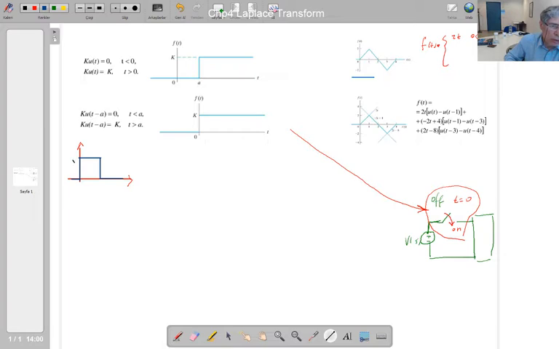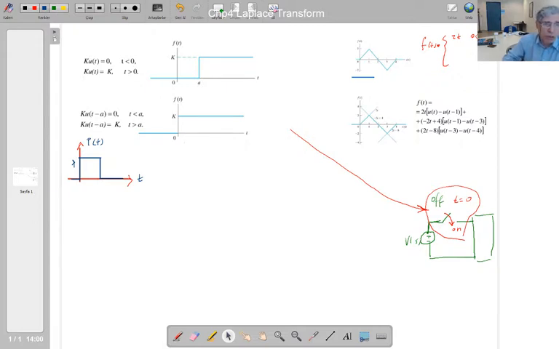If this is 1, so this is p(t), pulse function, that's t. So how you can get this pulse function, let me move this one towards here. So I am saying I can get this pulse function by using these functions.